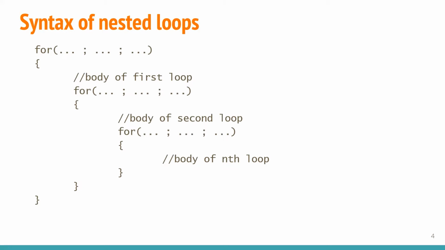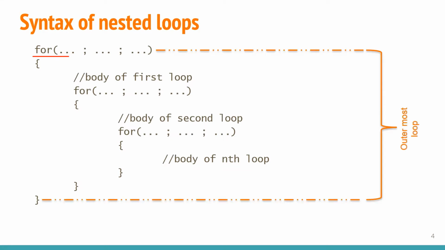Now we have to remember a few terminologies associated with this. The for loop which appears first is referred to as the outermost loop.